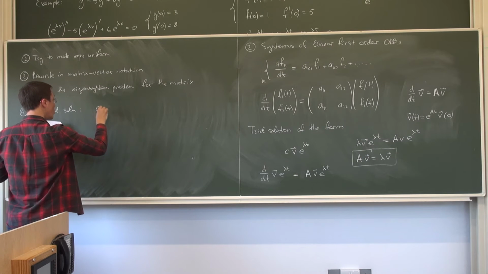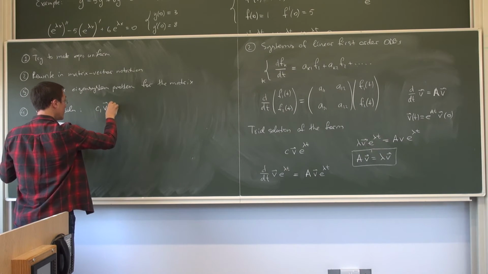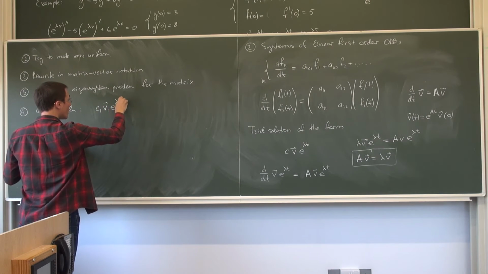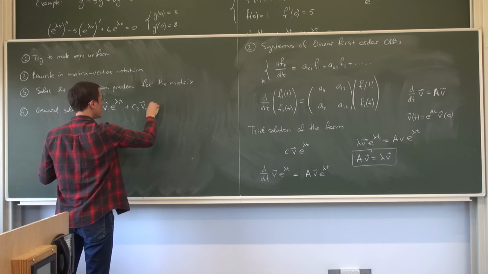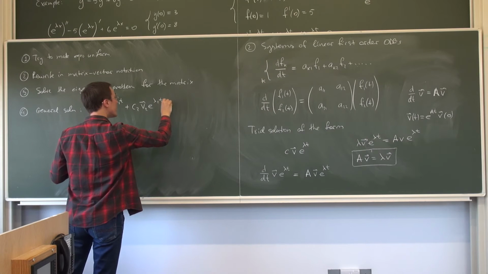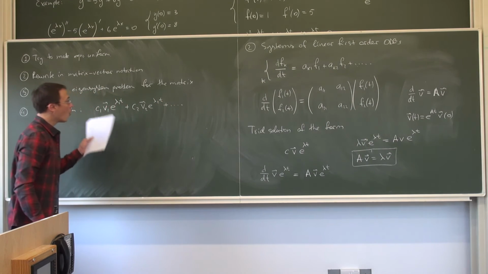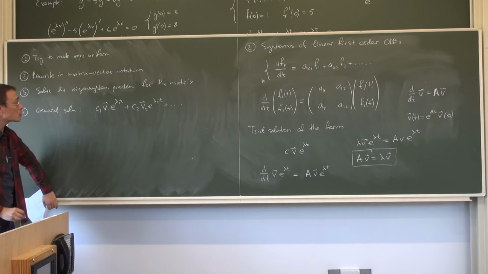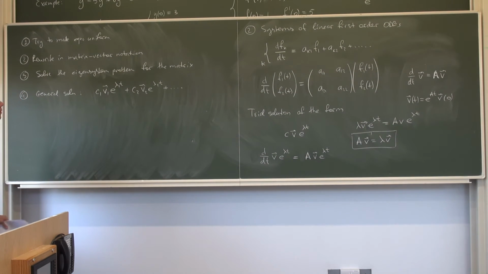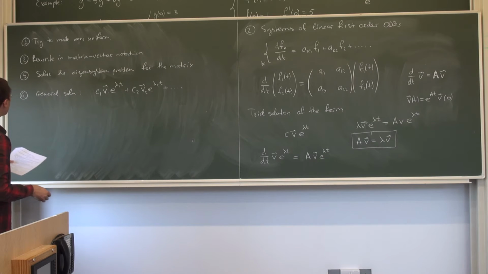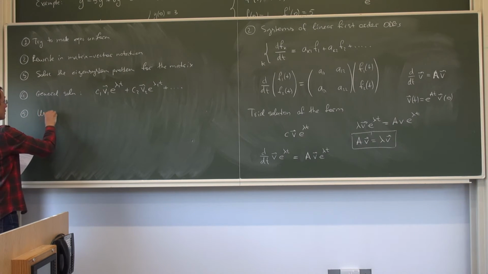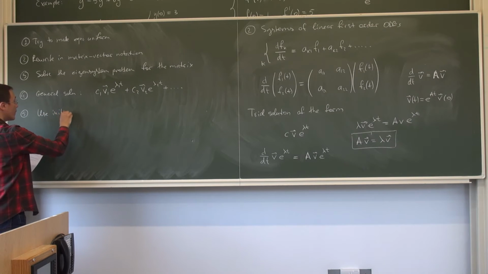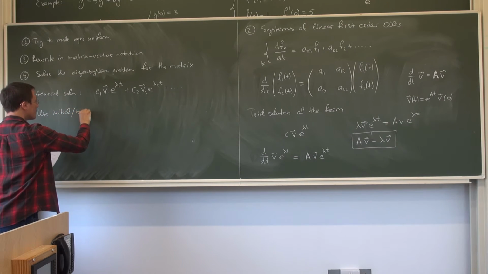is C1 V1 e to the lambda 1 t plus C2 V2 e to the lambda 2 t and so on, however many equations you have in the linear system, resulting in however many eigenvalues and eigenvectors. So then, fifth, use initial or boundary conditions.